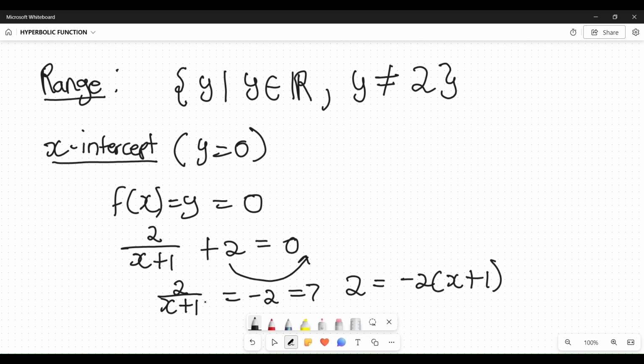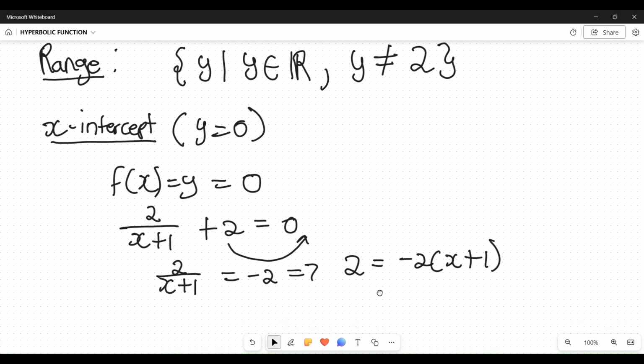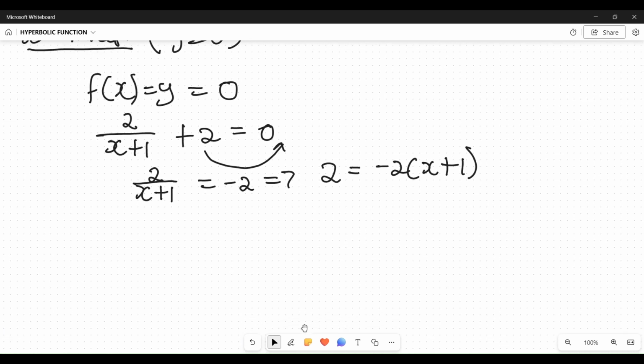To get rid of the fraction, we multiply both sides by x plus 1, not 1 over x plus 1. Simplifying this gives us negative 2x minus 2.